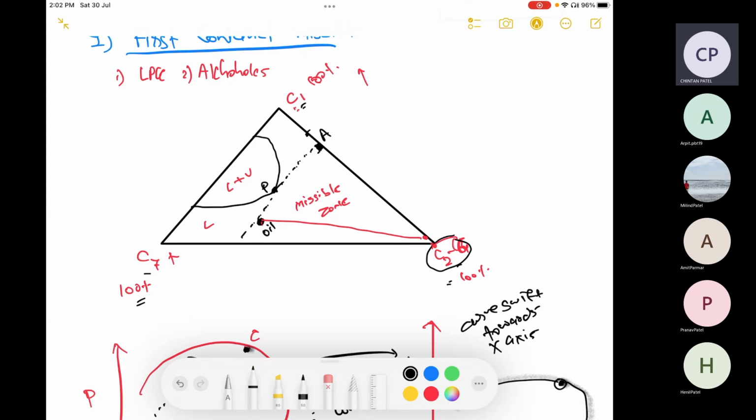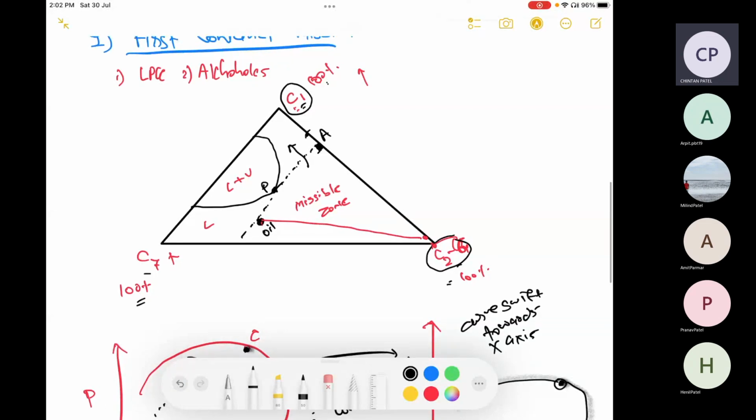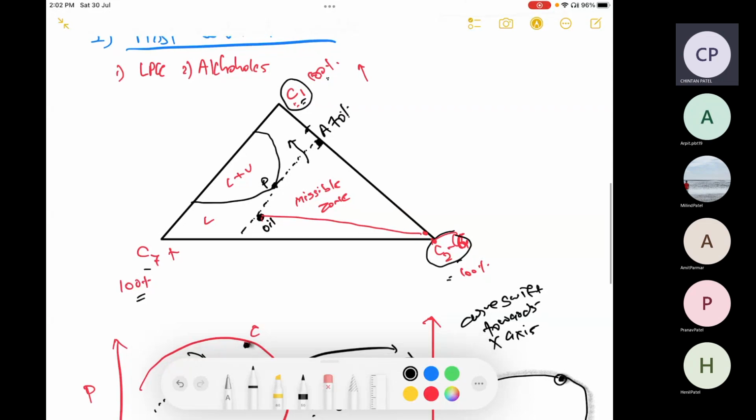Consider the case where this oil is on my critical line, and I'm increasing the concentration of C1, then definitely this line will shift toward that side, because this line represents the percentage. If this is 70% C1, then this can be 80% C1. So that critical line will shift toward the C1 side.